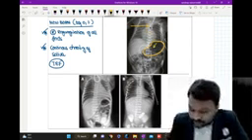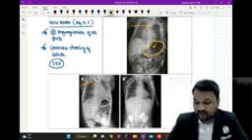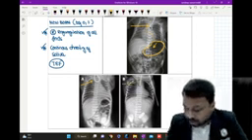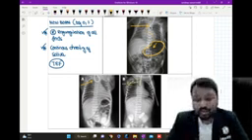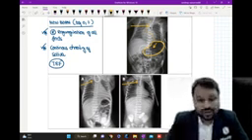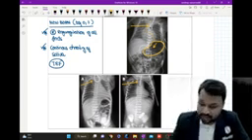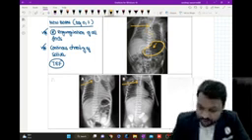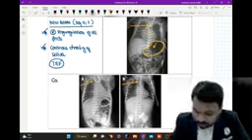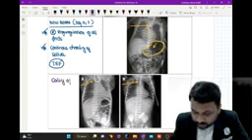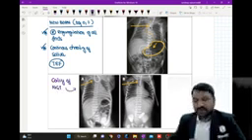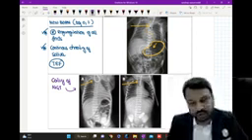Or when you see in this image, there is coiling of the nasogastric tube, or there is occlusion, or there is a stop at the red rubber catheter. It is going to be your tracheoesophageal fistula or atresia, right? So this is where you have the coiling of the nasogastric tube. Coiling of the nasogastric tube is an indication of tracheoesophageal fistula.